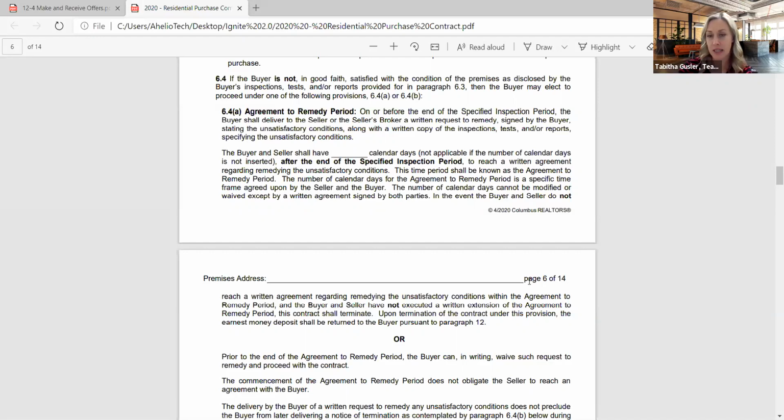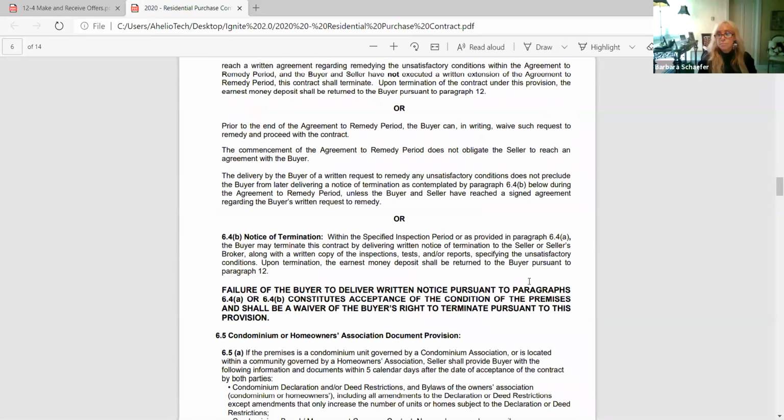So while we are in the contract, I wanted to talk with you about some common variations that are happening with buyer's offers right now that are outside of the traditional norm. One thing that's happening is that we are seeing a large number of contracts that have inspection, but no remedy, right?